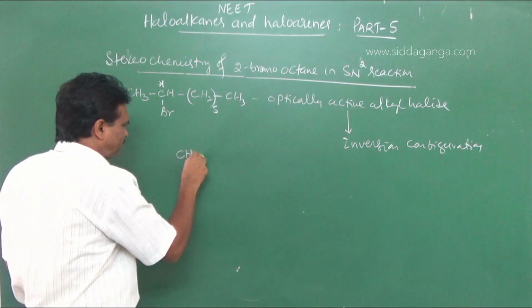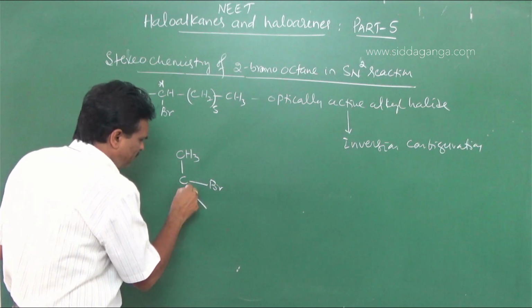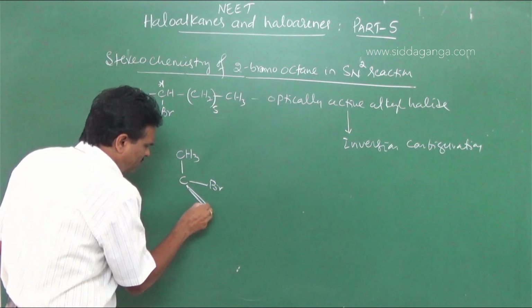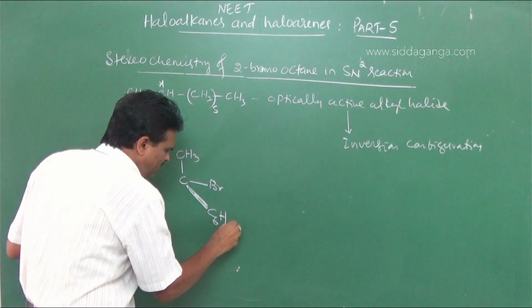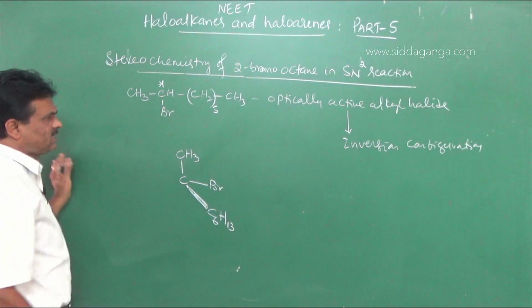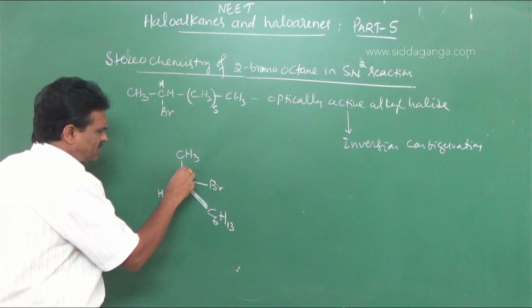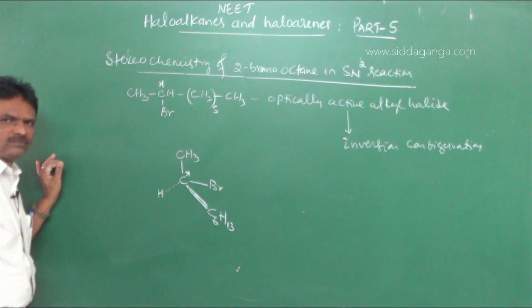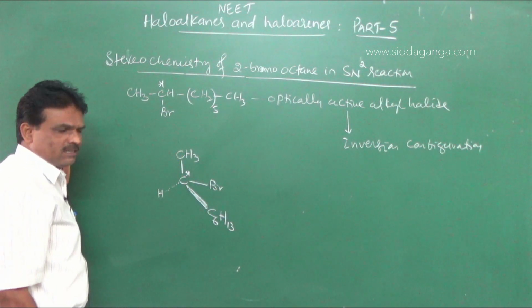CH3, CBr, this is C6H13, then H. This is the asymmetric carbon atom. Totally C8. Clear?